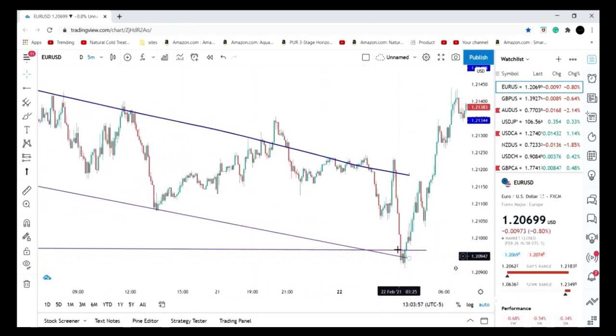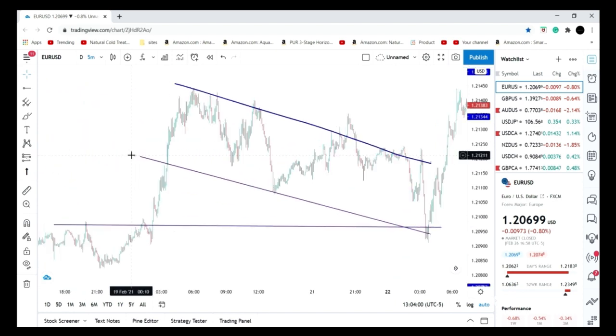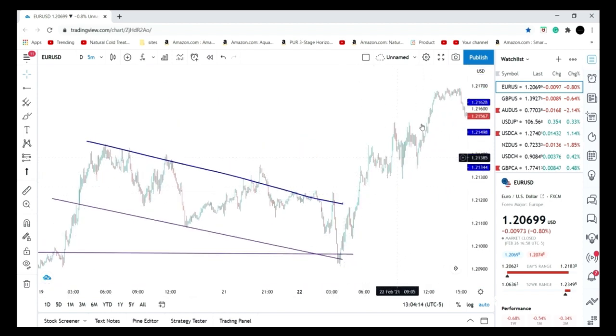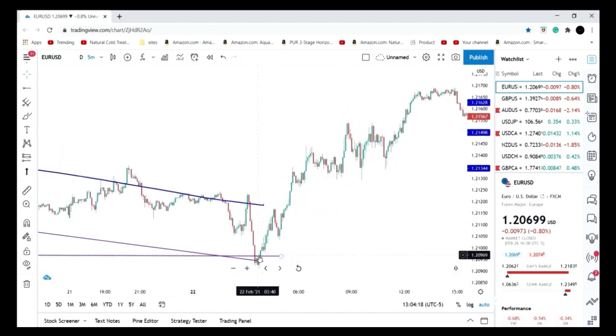If you caught this bottom right here, and you know just by looking at the 1 hour chart that this is a correction, and you know that if it breaks this flag pattern, we can have a crazy run to the upside. So imagine you buying this and you getting all of this right here. This is why I want you guys to focus on this strategy, because it will help you build your small account.